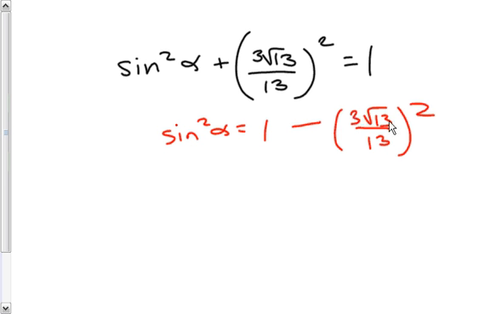And the square root of 13 squared is 13. So it should come out to be 1 minus, I think, 11.